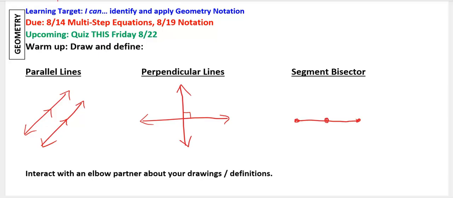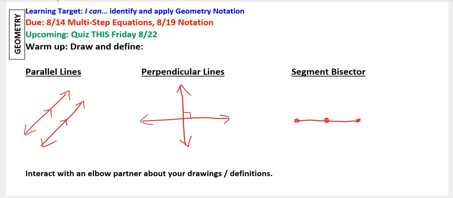What is this point in the middle called? Midpoint is correct. It's a middle point, midpoint for short. That's the vocab word on our vocab.